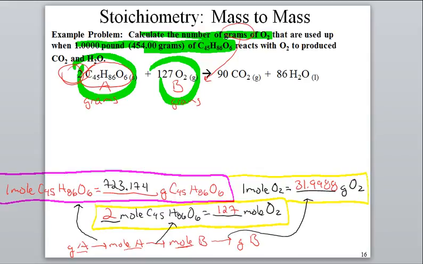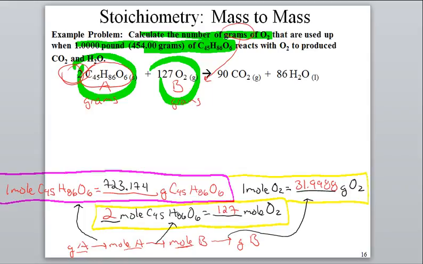The molar mass is always for 1 mole, and we've done it for oxygen before. Its molar mass is close to 32. For the fat molecule, around 723. And the mole to mole relationship, 2 moles of that fat, which is also called a triglyceride.